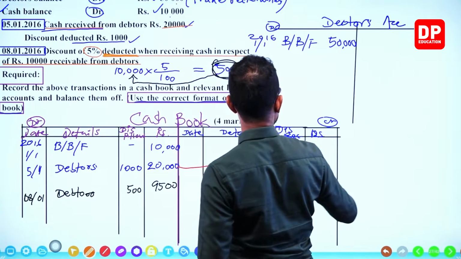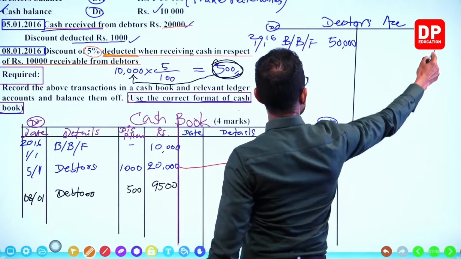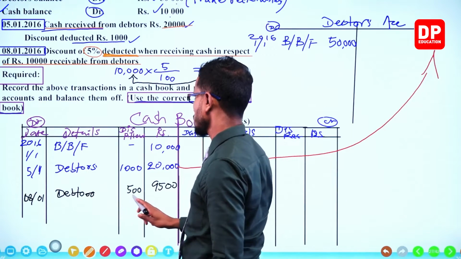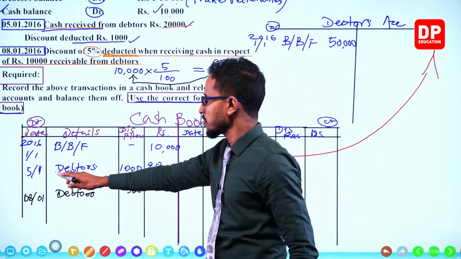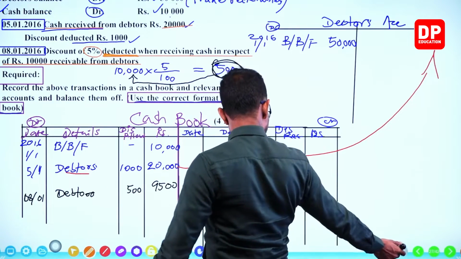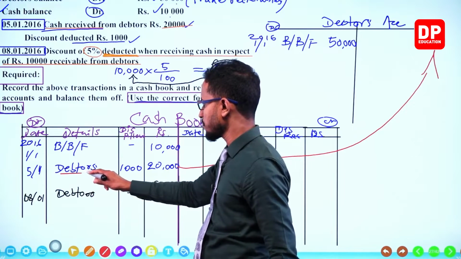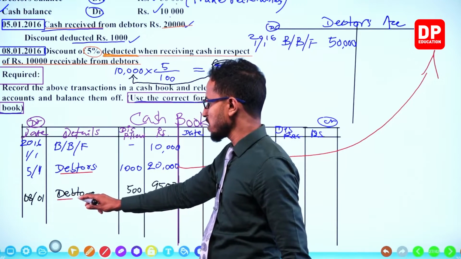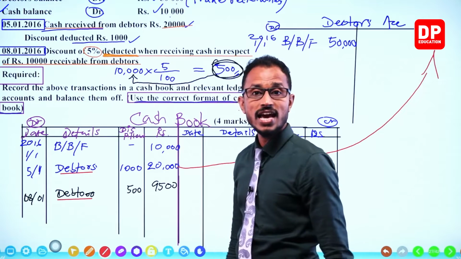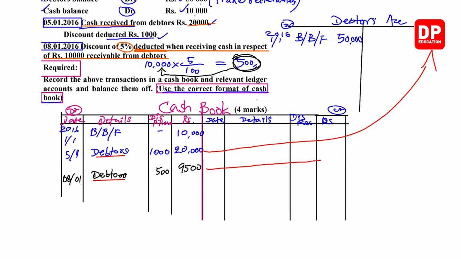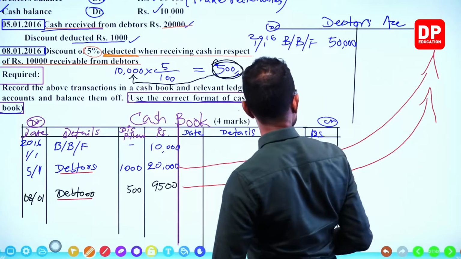It goes to the credit side of the debtors account. Again, in the cash book, debited as debtors. That also goes to the credit side of the debtors account. Got it?